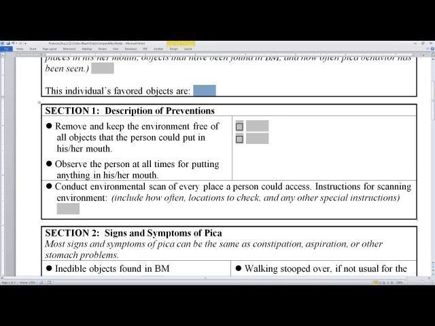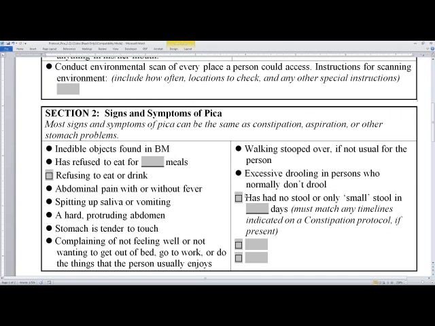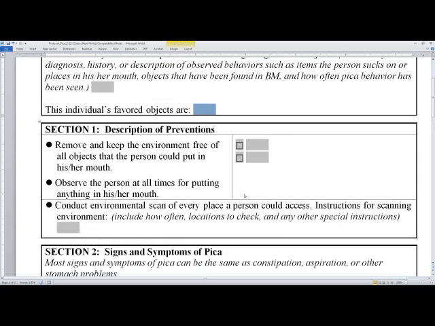And I just want to make sure I had said, I'm not positive that I had said out loud, so I just want to take this opportunity to say, this exact form is not mandated to be used. It is provided as a tool for you, but it is not mandated to be used every time someone you know experiences Pica or is at risk of ingesting inedible objects. This is here as a tool.